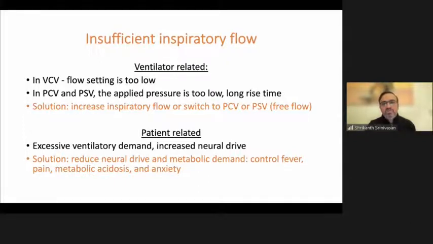And that demand cannot be met by fixed flow settings. So when this kind of combination of factors occurs, then you have insufficient inspiratory flow, and we see it by means of scalloping of the pressure waveform in the pressure time scalar.